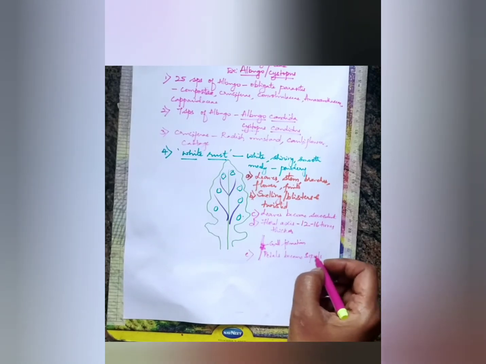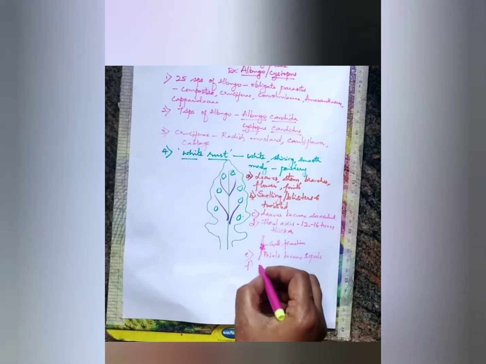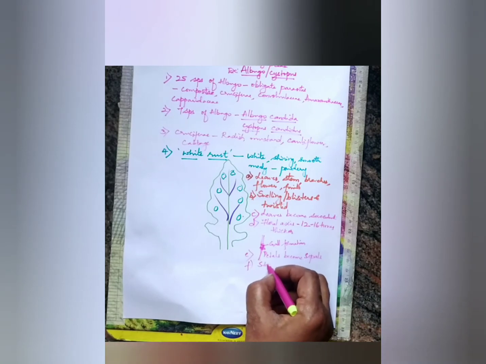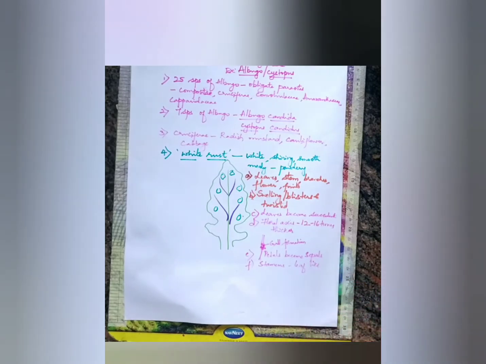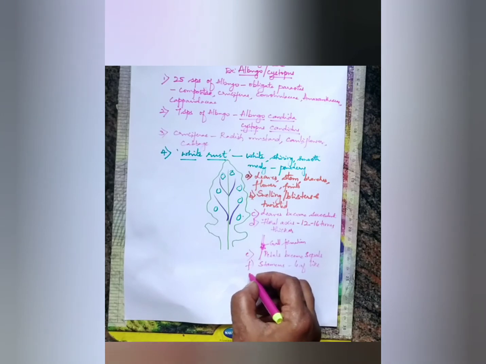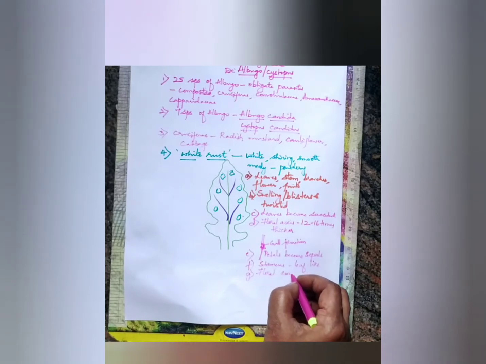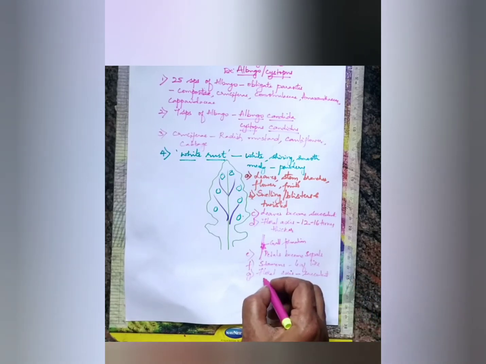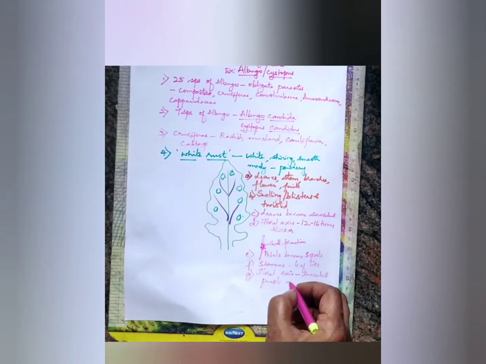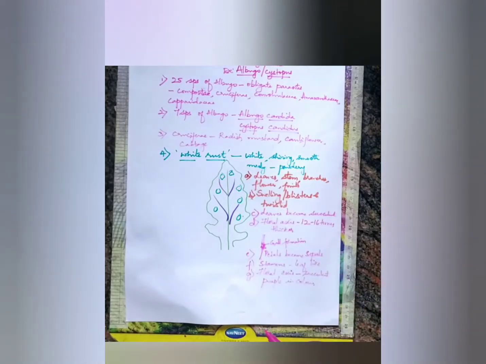Sepals means the first whorl of the flower. And the stamens become leaf-like structures. The entire floral axis becomes succulent and turns purple in color. So these are the symptoms of the disease.